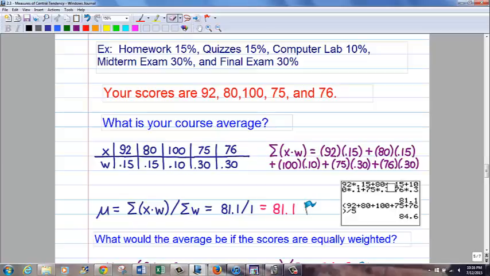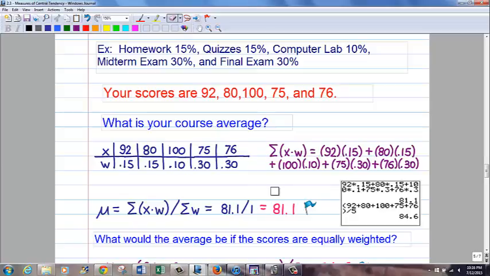But if you prefer not to do it that way, that's fine. I simply like writing down every individual number, and that came out to be 81.1. And divide by 1, so your course average was 81.1. So I guess we squeaked out the B.